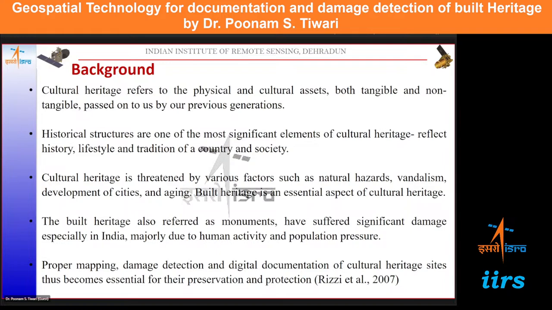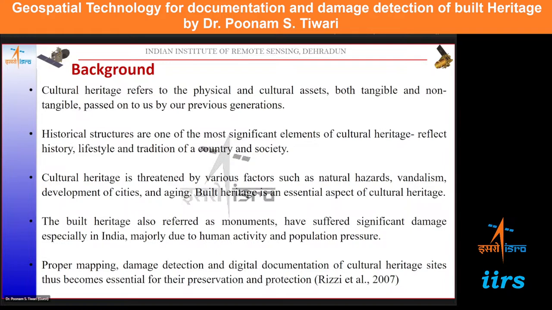country and a society. You must have seen that in India we have a large number of built heritage structures. But these built heritage are under threat by various factors.